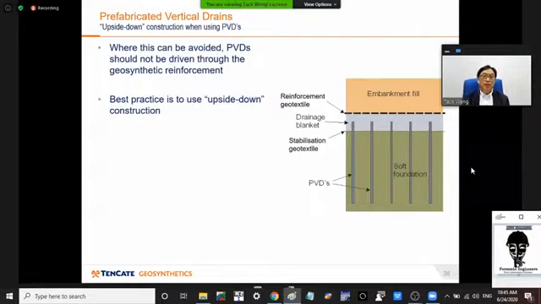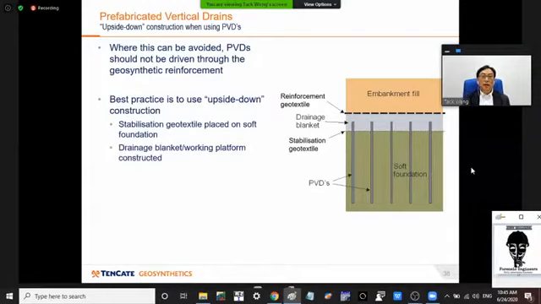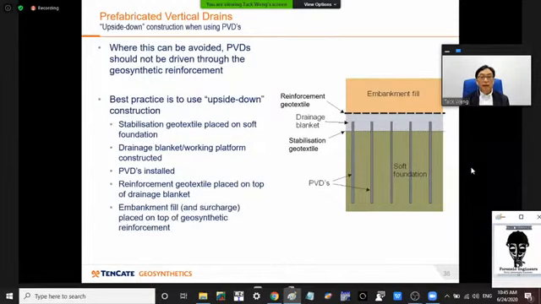The best practice is to use the upside-down construction, which involves first installing the stabilization geotextile on the soft foundation, putting on the drainage blanket for dissipation of excess pore pressure sideways under the embankment, but also as a working platform for the installation rigs for the PVDs to work on. Then the PVDs are installed, and the reinforcement is then placed on top of the drainage blanket. And then after that, the embankment fill and the surcharge is put on.